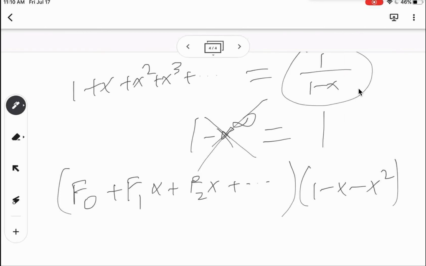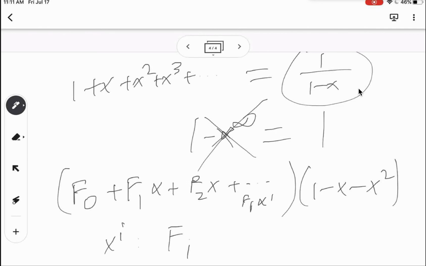Because if you think about it, let's look at the x to the i term. The coefficient of x to the i would be f of i, because you multiplied it by 1.